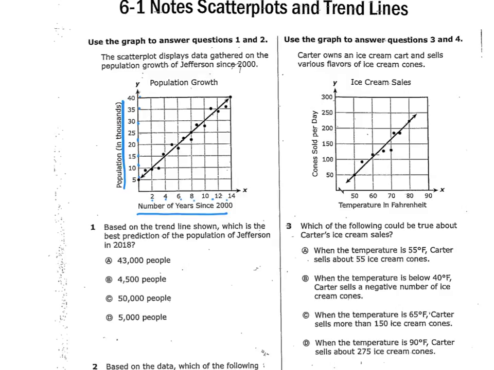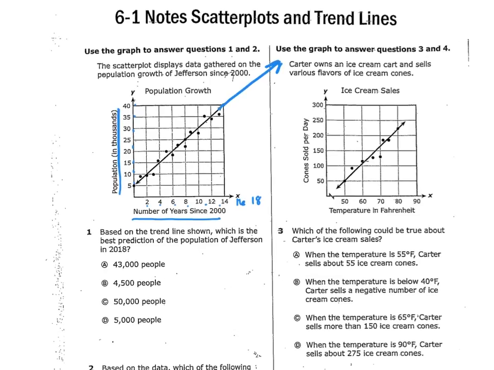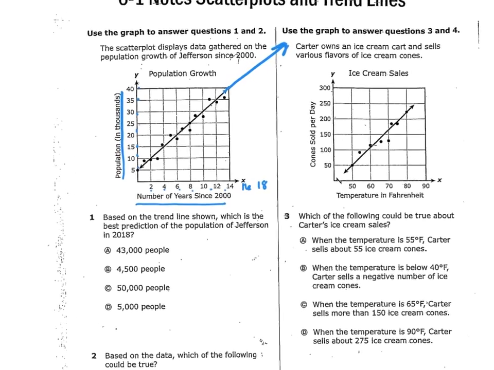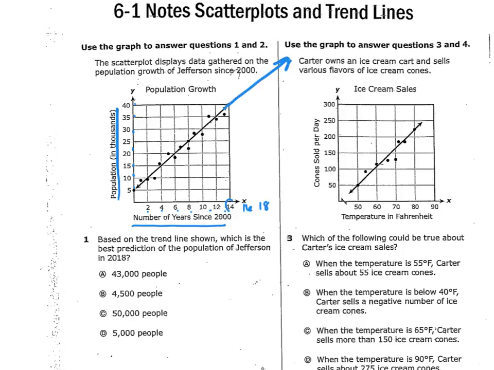So 18 is going to be out here somewhere. So we're going to have to try to predict based on what we have going on here. So looking at your answer choices, A says 43,000 people. So let's look at where it was in the very last year. So in 2014, it was about 40,000.